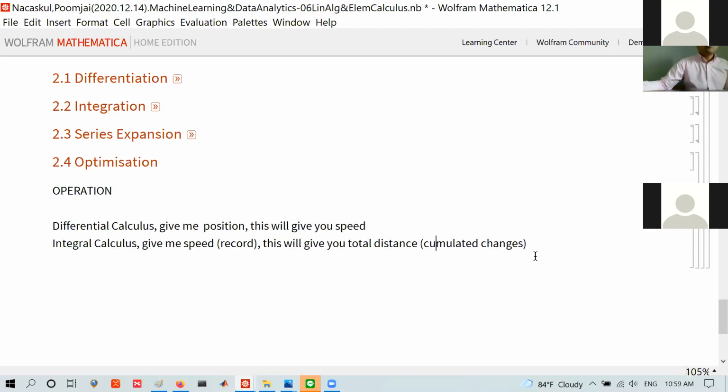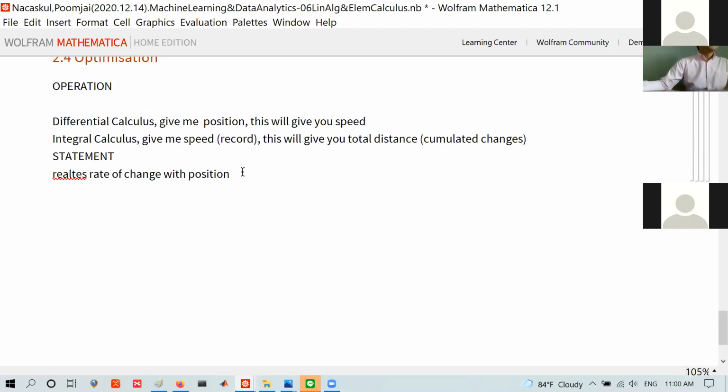Okay. Now, what if I want to make a statement? I can also make a statement that relates rate of change with position, right? So this kind of thing where you have something like speed is related to position, and that can happen, right? Because your speed is governed by how far you are. For example, if you're on a highway, you can be faster.